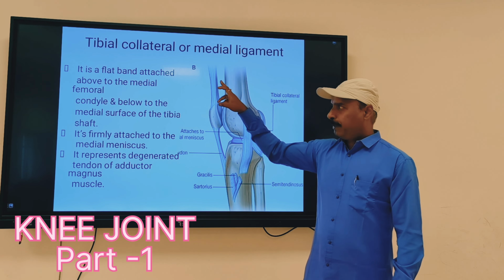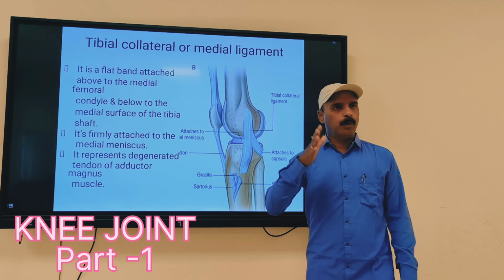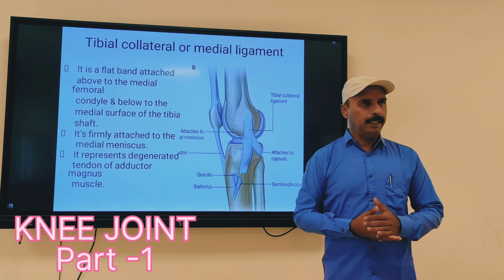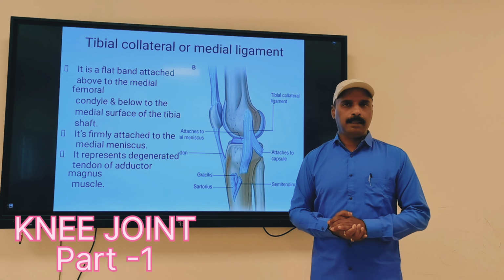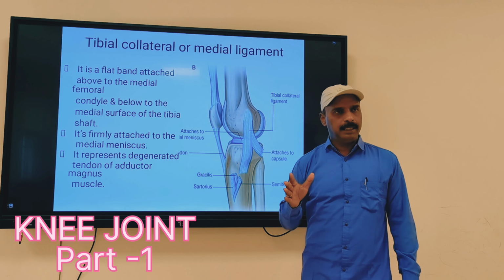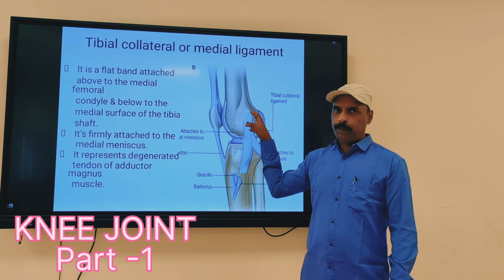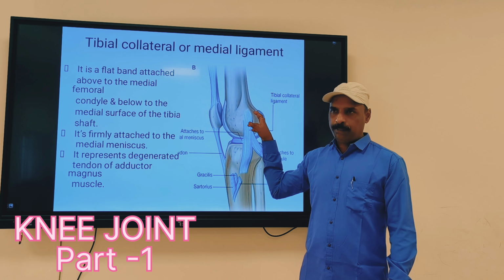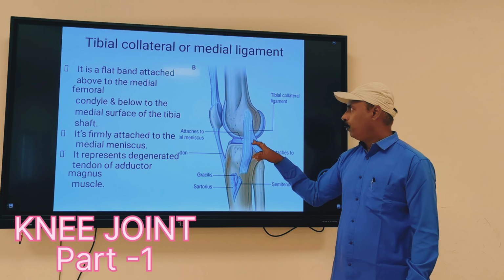So you have to explain the first point. It is one ligament which is supporting the joint medially. As its name gives, the medial ligament or tibial collateral ligament supports the medial side of the joint. It is attached to the medial epicondyle of the femur. Then it is divided into anterior and posterior fibers.